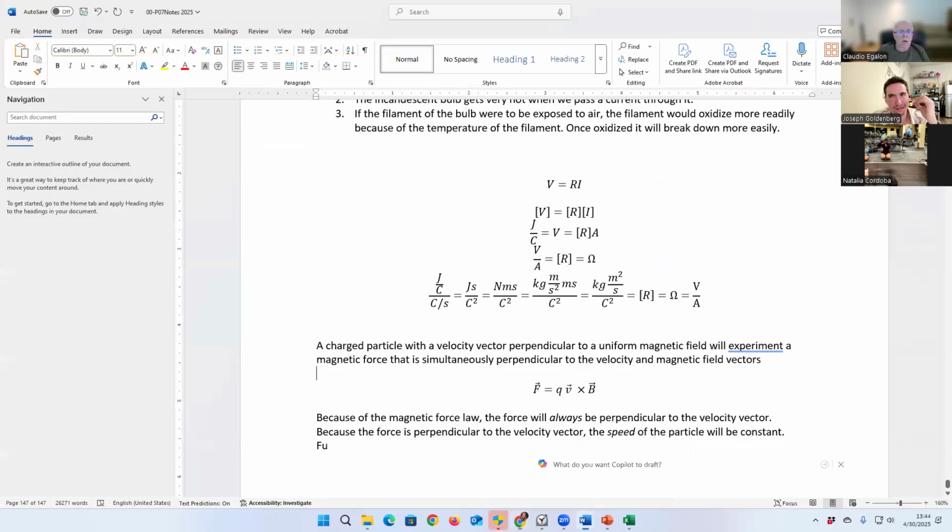And there is one more, right? Because the force is always perpendicular to the velocity vector, the speed of the particle will always be constant. And what else?